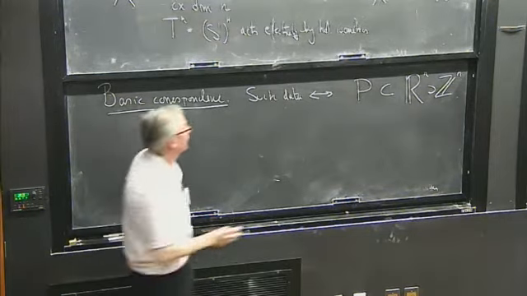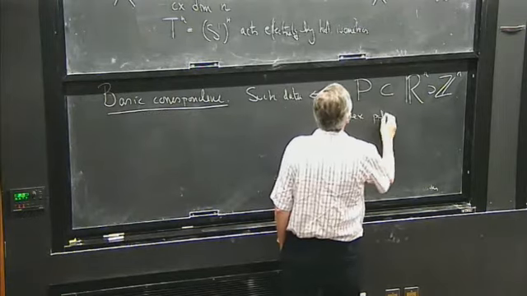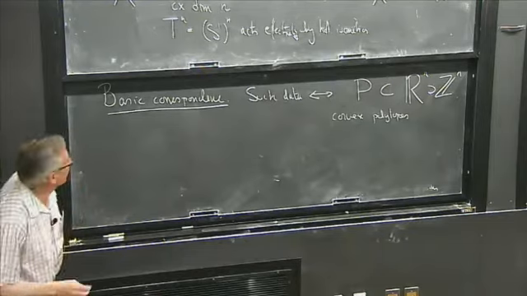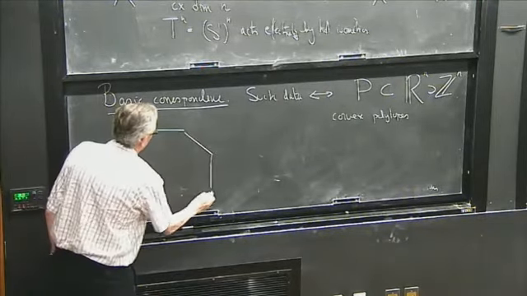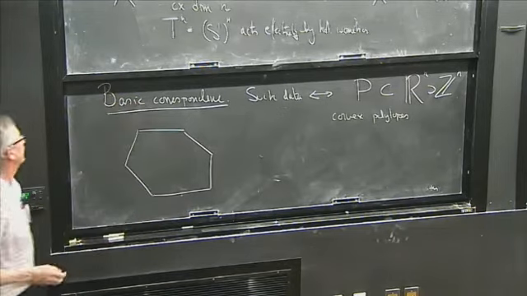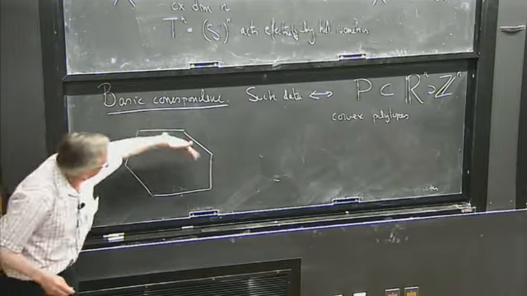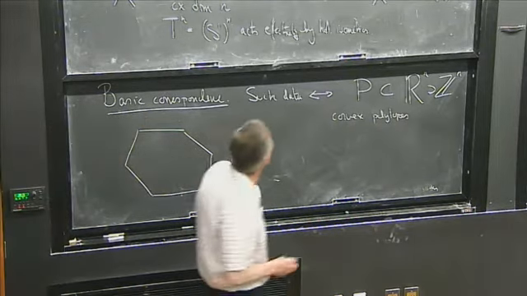The crucial thing is that these are going to be convex polytopes. We'll mostly think about the case of n equals 2, where we would just mean some sort of polygon, defined by a finite number of faces, but with certain integrality conditions.